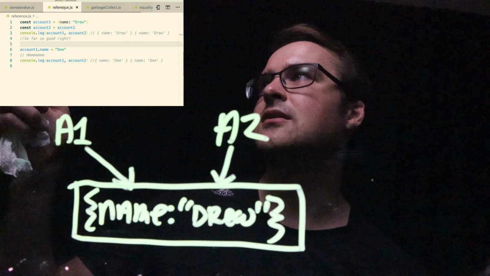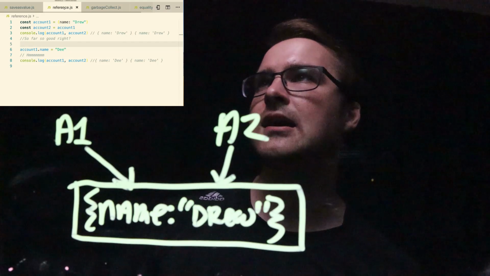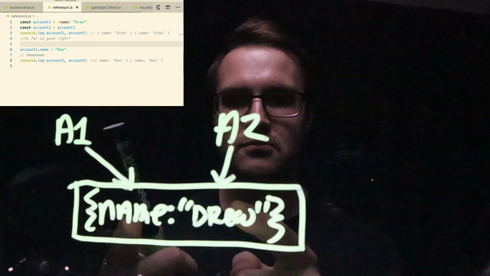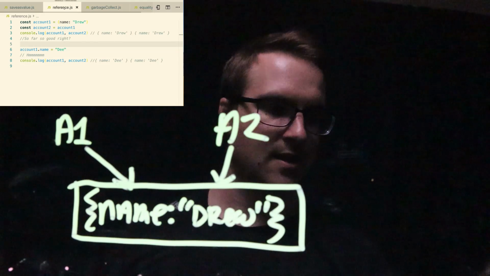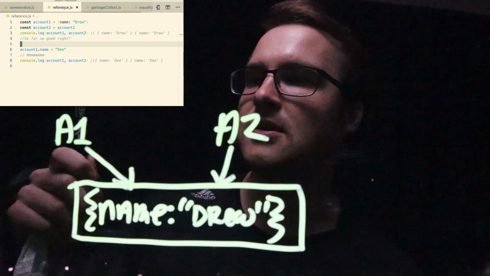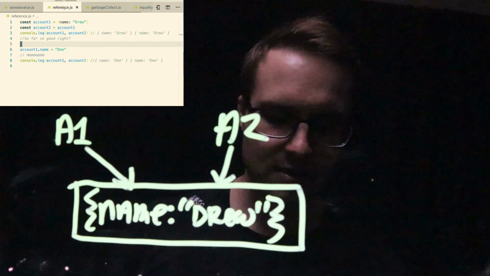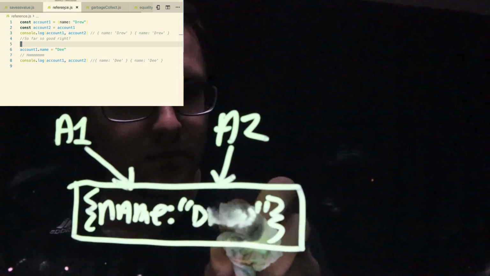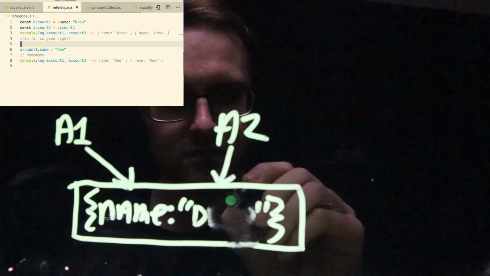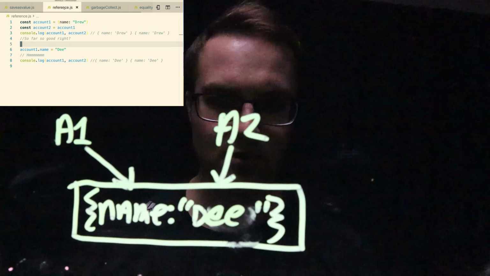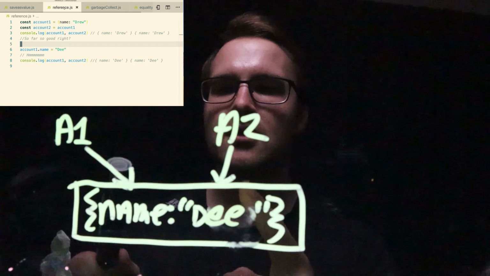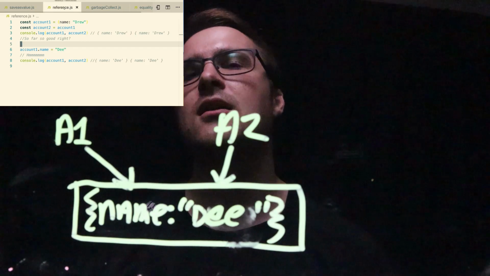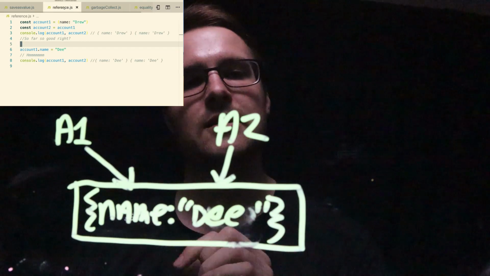So on line 3, we console log account1 and account2, both of them are the same object. And then when we change the account1 name property to D, and we console log, both account1 and account2 are the same object, and this time it's D.